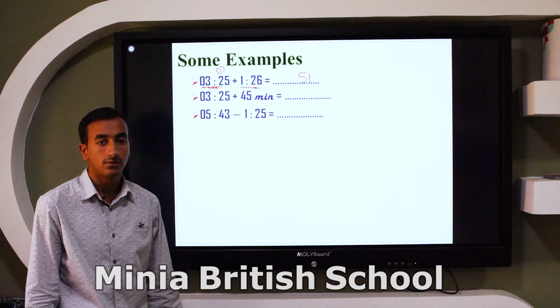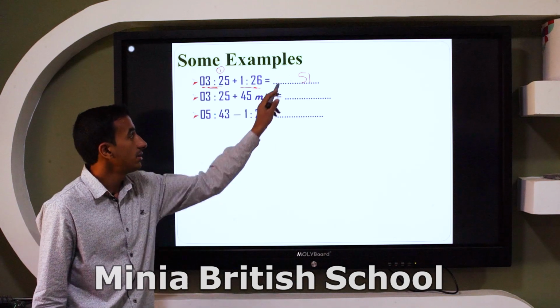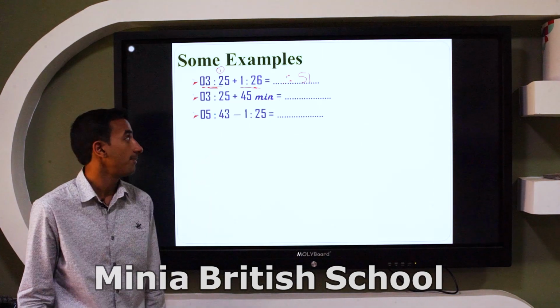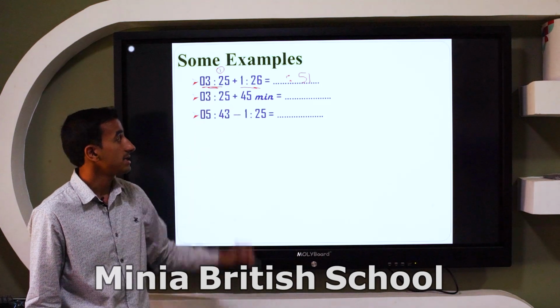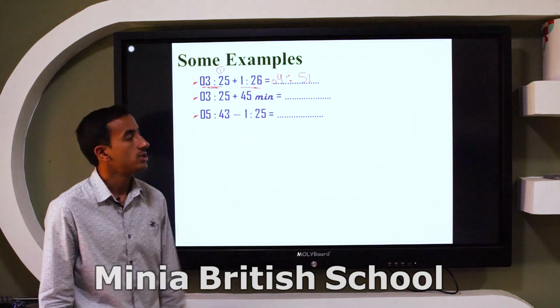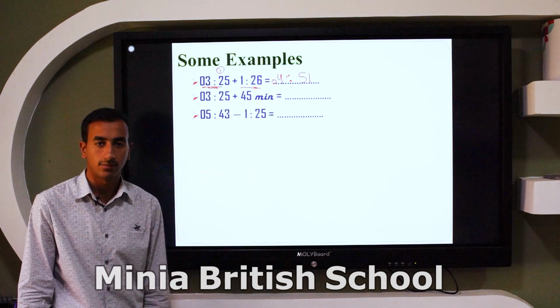And don't forget the two dots to separate between hours and minutes in any time. Here 3 hours plus 1 hour equals 4 hours. So the time here is 4 hours and 51 minutes.